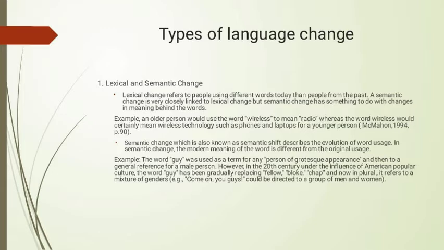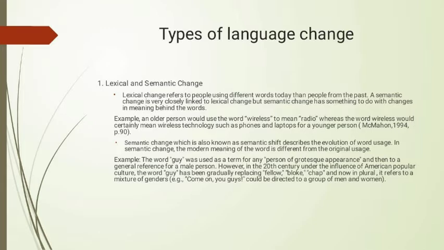Types of language change. The first is lexical and semantic change. Lexical change refers to people using different words today than people from the past. A semantic change is very closely linked to a lexical change, but semantic change has something to do with changes in meaning behind words.